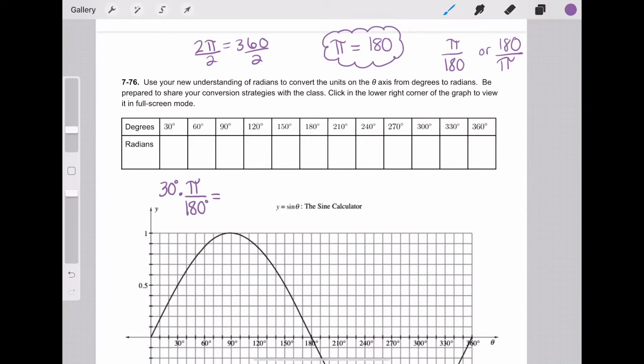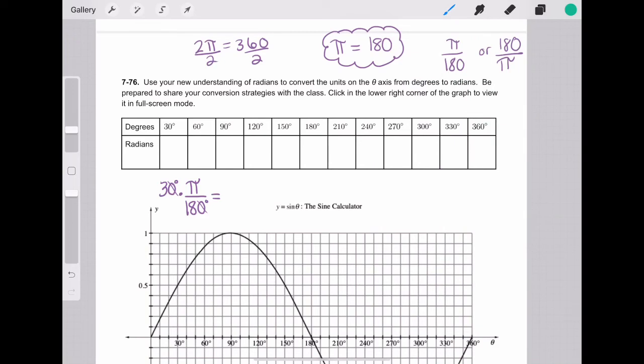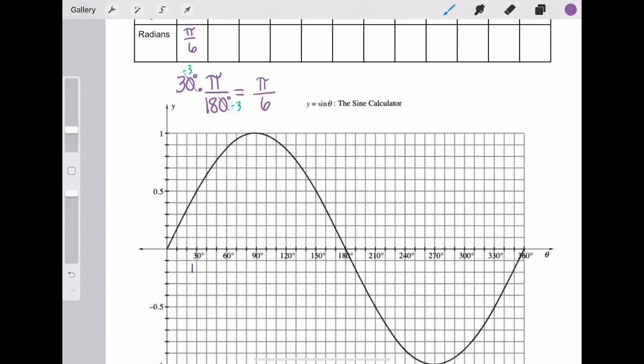I can cross out my zeros, and then I can divide the top and the bottom by 3 to simplify my fraction. So this one would give me pi over 6. So 30 degrees is pi over 6. Okay, so you can fill it in here and you can fill it in on your chart. These two are the same.